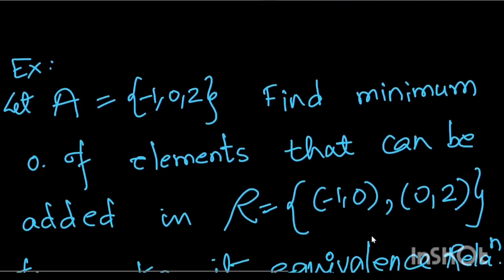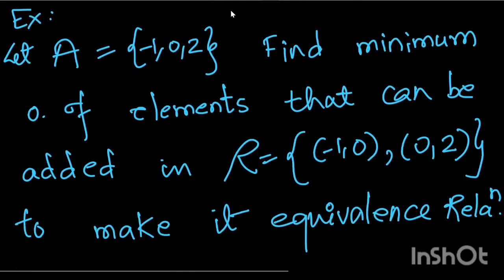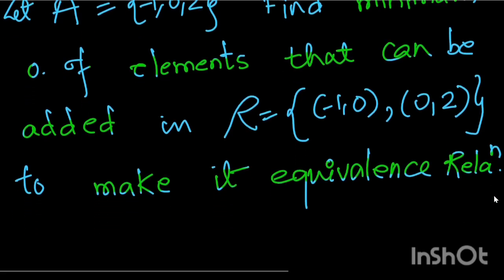Similar to this concept, let's change the set A to minus 1, 0, 2. The question is the same. The relation is given to be minus 1, 0 and 0, 2. We have to find the minimum number of elements to be added in R so that it becomes an equivalence relation.